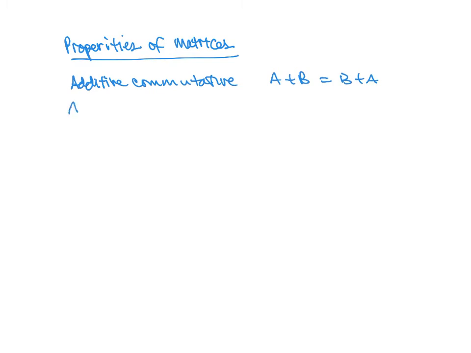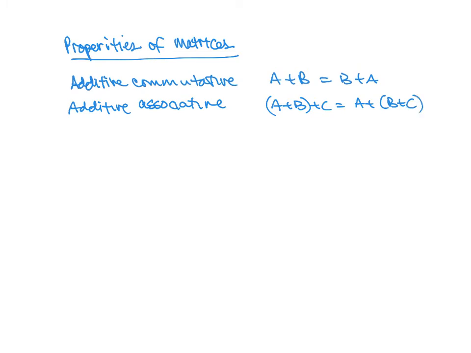The next one would be additive, associative. What that means is I can take and add two matrices together and then add another one. That would equal if I would add B plus C together and then add A to it, just keeping everything.